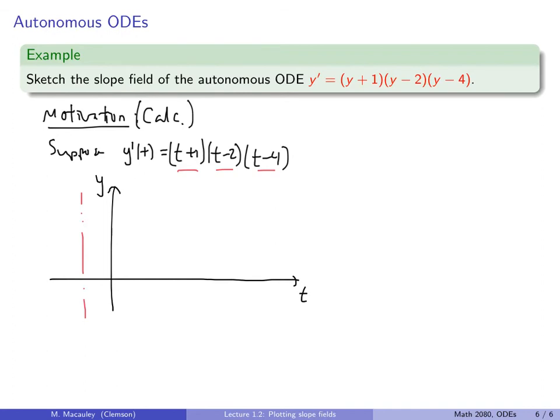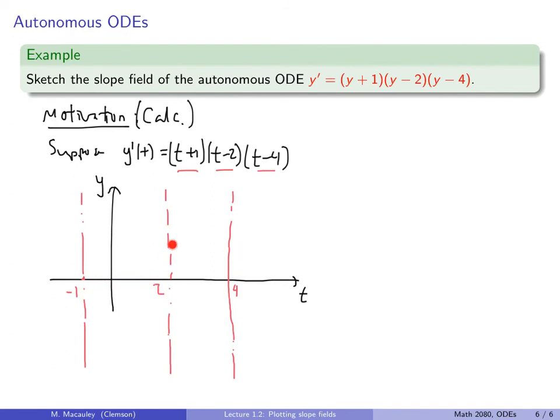So one critical point is at negative 1. One critical point is at 2. Another critical point is at 4. And we look at these regions and we say that the derivative does not change sign within the regions. It flips signs along these critical points.